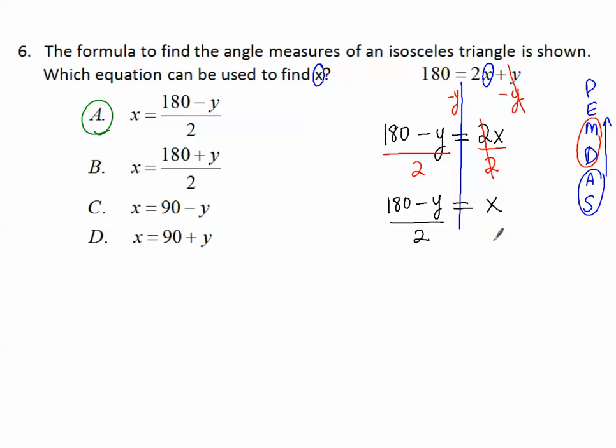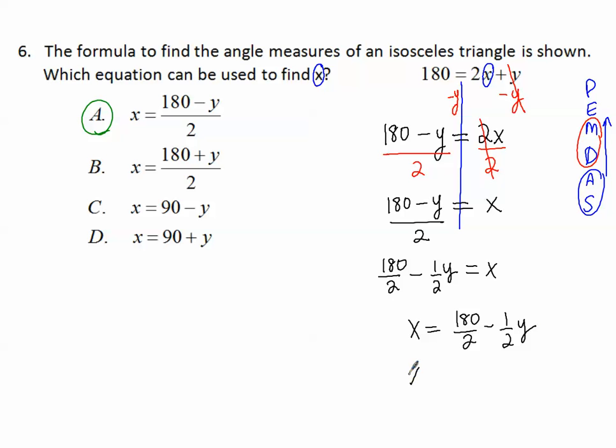Now what we're used to doing is dividing each of these terms. 180 gets divided by 2, and the y gets divided by 2. The 1y, so that's like 1/2 y, equals x, and then turning it around, x equals 180 divided by 2 minus 1/2 y.